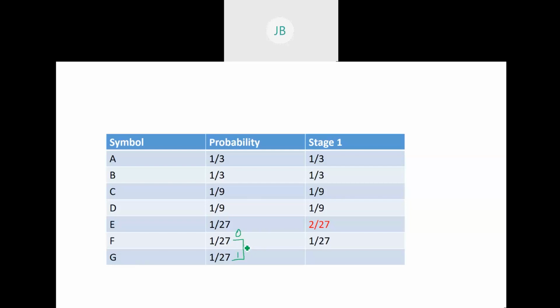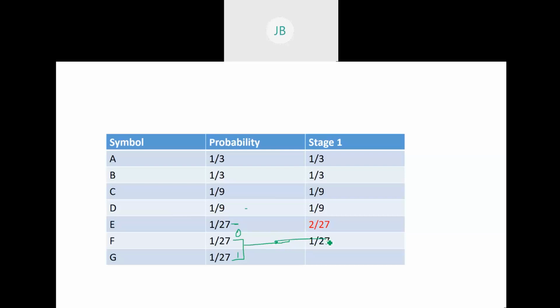Now we need to decide where this should go, because the other elements are 1 by 3, 1 by 3, 1 by 9, and again 1 by 9 from here has come here, and we are left with this 1 by 27 and the new symbol generated here, 2 by 27.